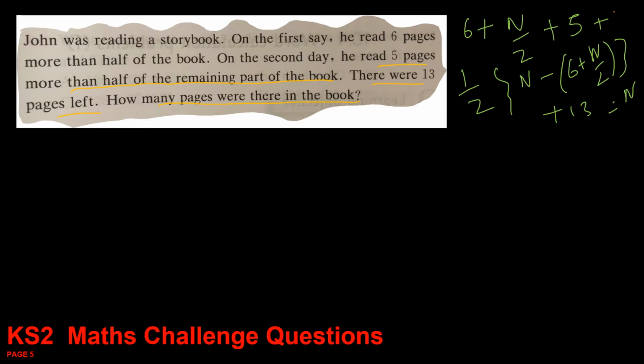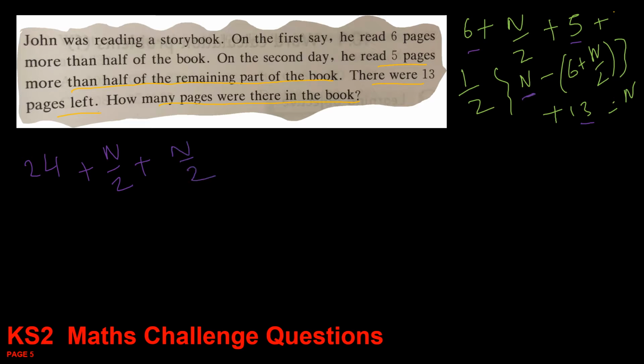So let me add the whole numbers first, as I said. We have 6, we have 5, we have 13. 6 plus 5 plus 13 is 11 plus 13, which is 24. So I can write 24 plus n by 2 plus, let me remove the brackets now with half. This half multiplied by n gives another n by 2.